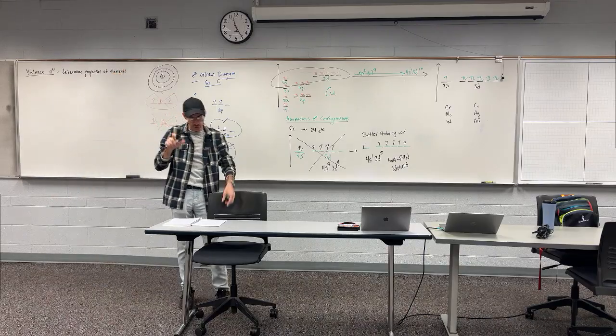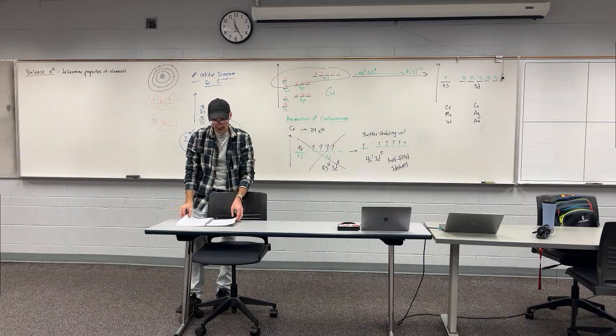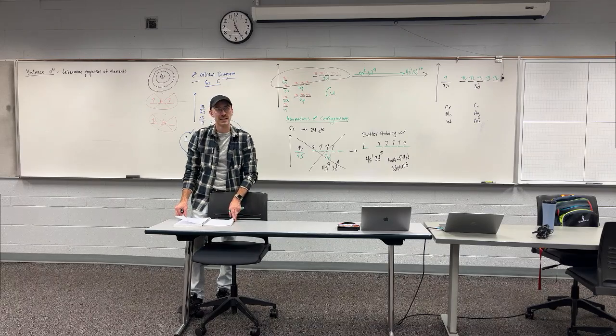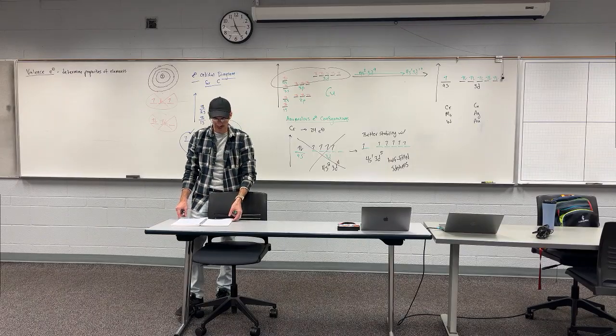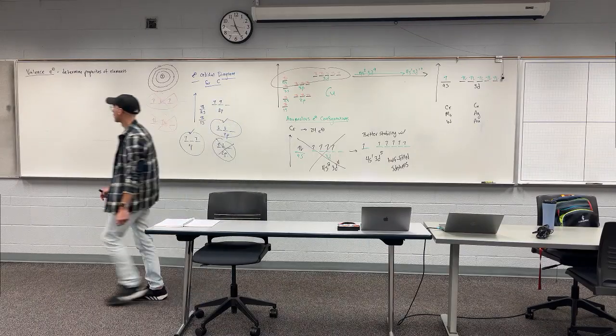And it's so easy for me to say that these valence electrons are just those in the outermost shell, but it's not always true. Although we do say the valence shell is the outermost shell. But depending on what type of element we're looking at, the valence electrons kind of changes.